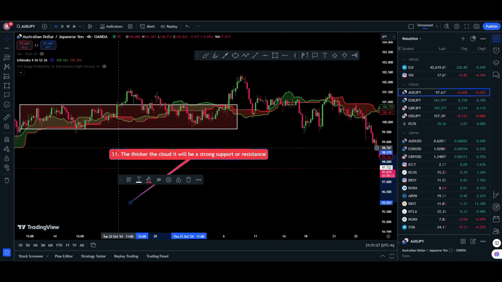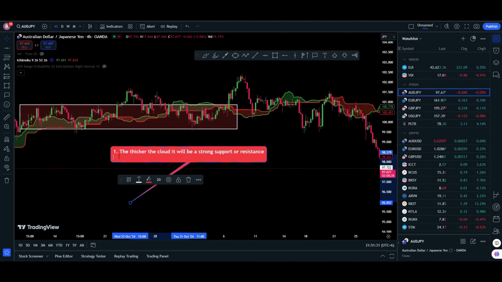Number two, the thinner the cloud, it will be a weak support or resistance.